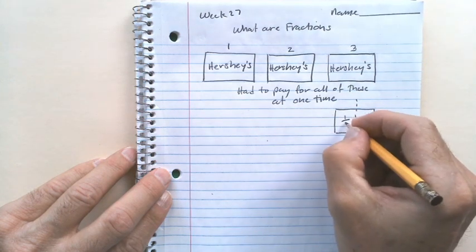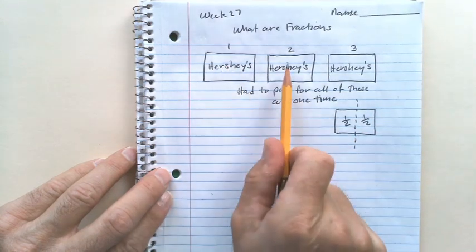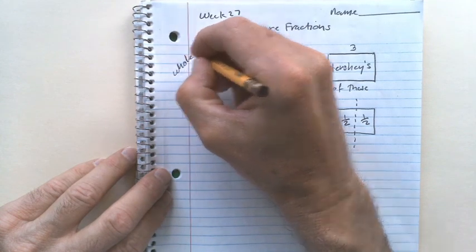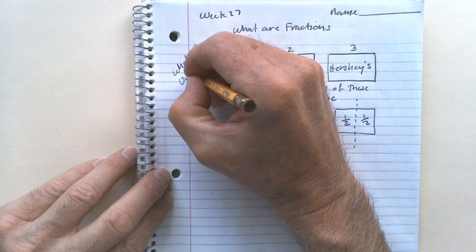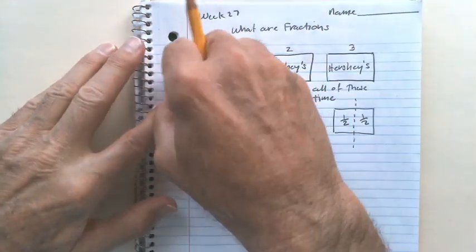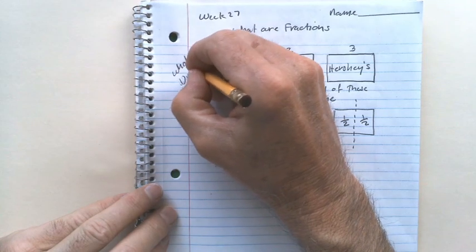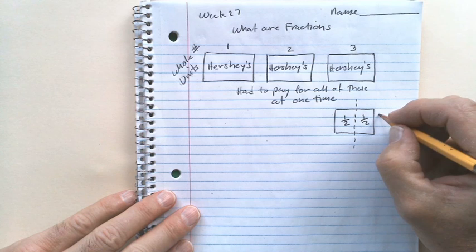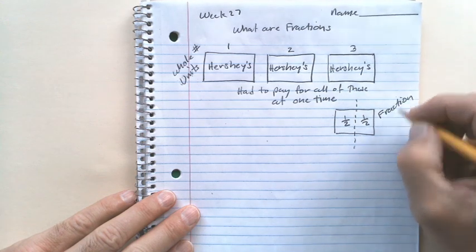Okay, so now this is the confusing part. These are whole number units. So these are called whole number units. And these are fraction units.